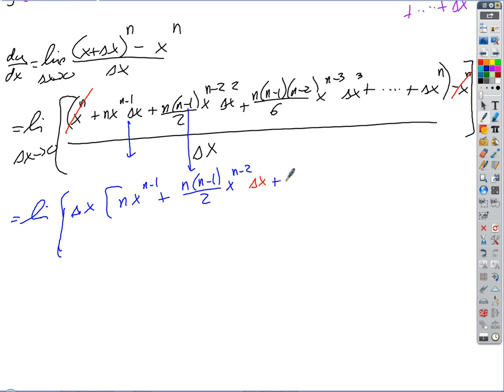And that's 1, and that's 2, or 6, x to the n minus 2, squared. Plus yada yada yada. Plus yada yada yada. n minus 1.